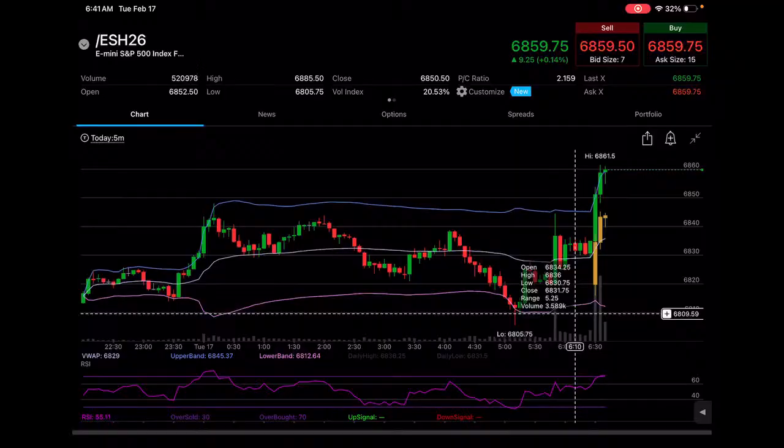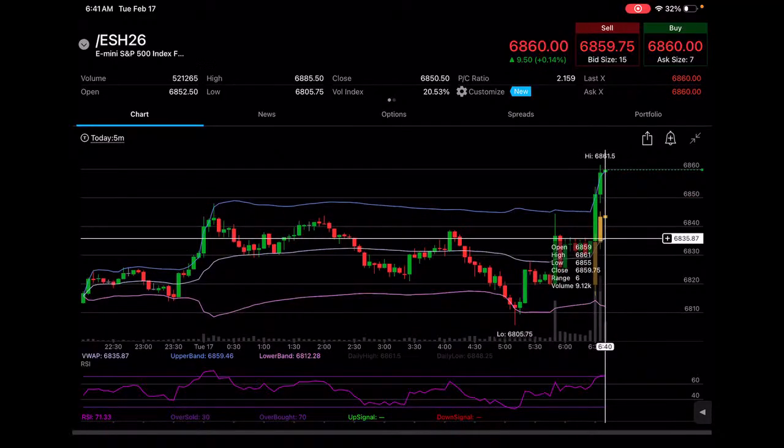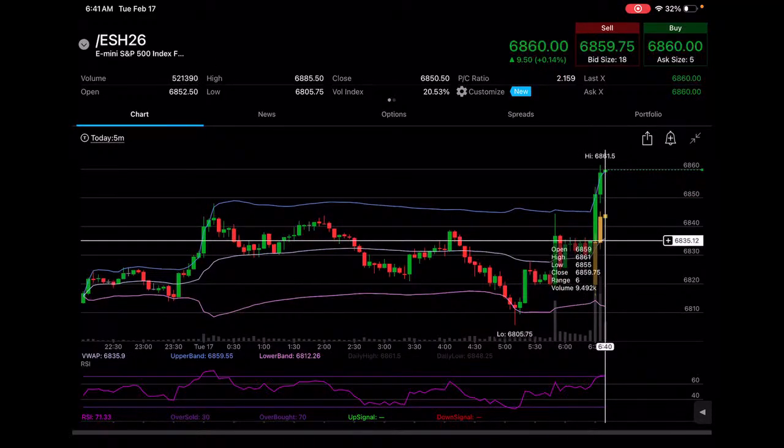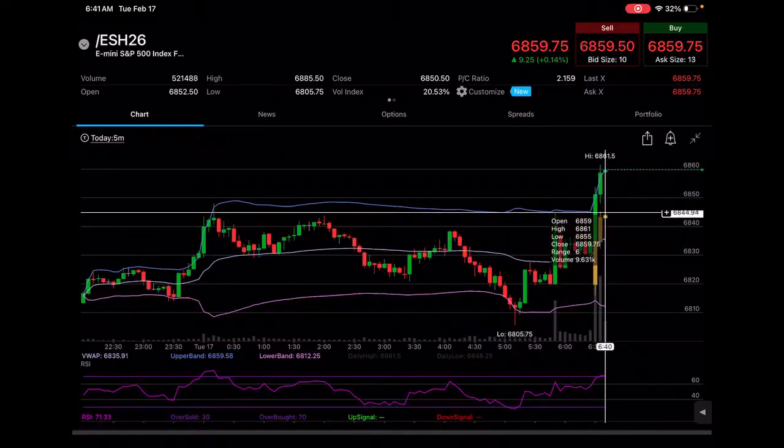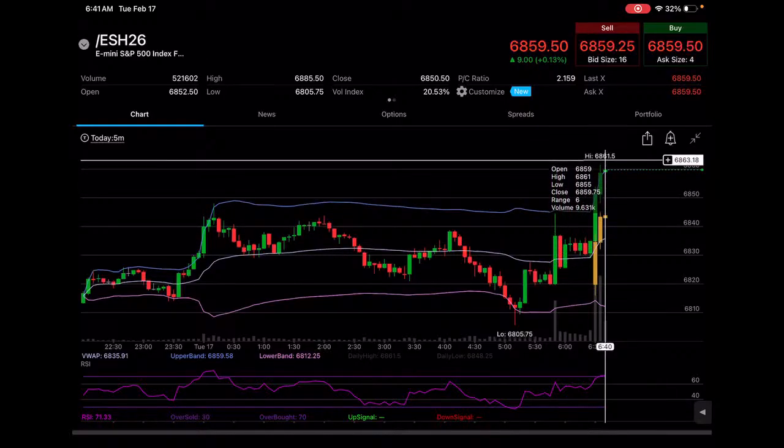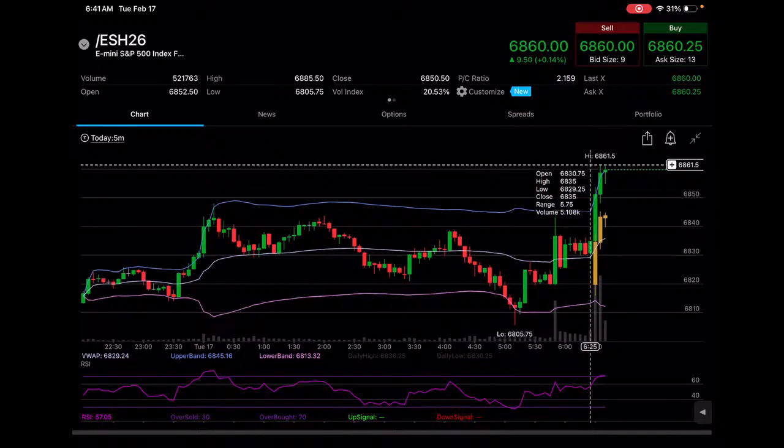Okay, so price started at 68.35, looks like, and shot up to where it's at now. The high is 68.61. So it shot up like 50 points, okay? And so the whole idea is for us to chase that and follow it.